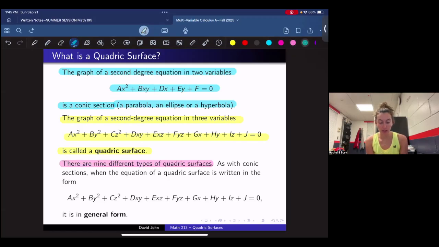So as with our conic sections, when the equation of a quadric surface is written in the form, I should use a different color here. Why don't we do red?